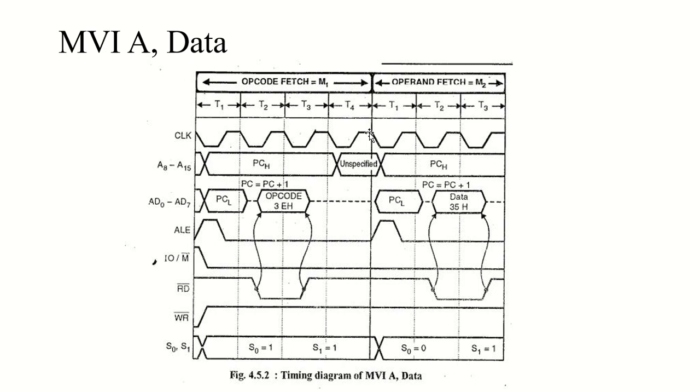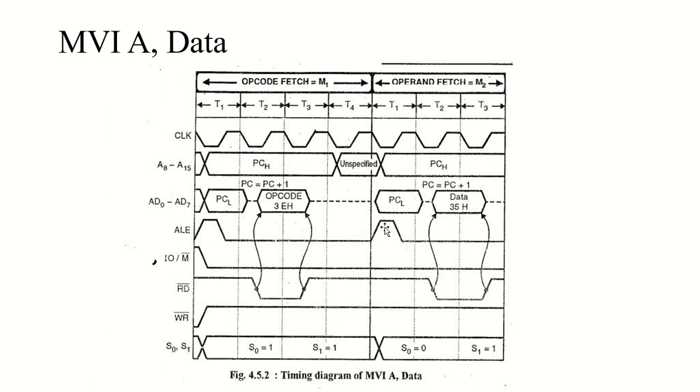Still the clock pulse is going the same way as earlier, but this time A8 to A15 is again having PCH, and AD0 to AD7 is again having PCL, right? So still for the higher order address we are having A8 to A15, and for the lower order address the program counter is on AD0 to AD7.